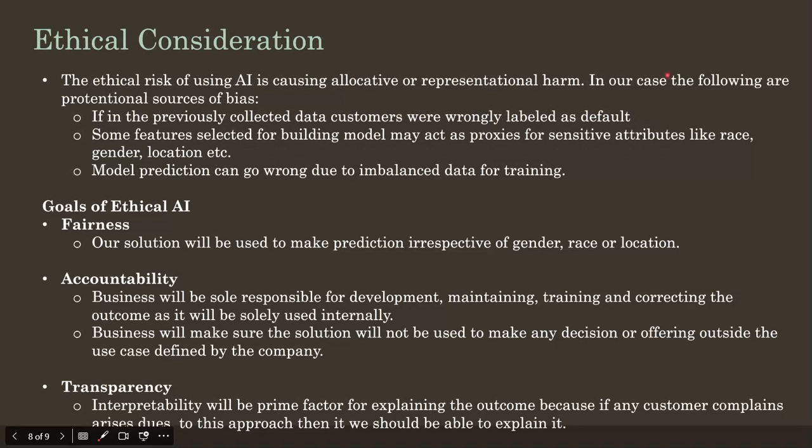Now the ethical aspect. So the ethical risk of using AI is causing allocative and representational harm. There are many cases which are being identified where this information is being either misused or there are potential biases in the data that we are having.